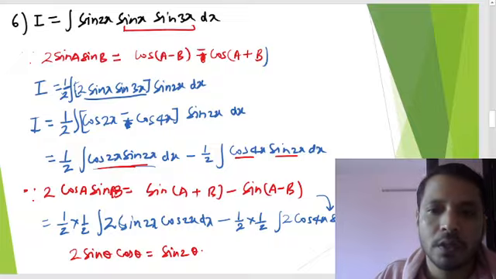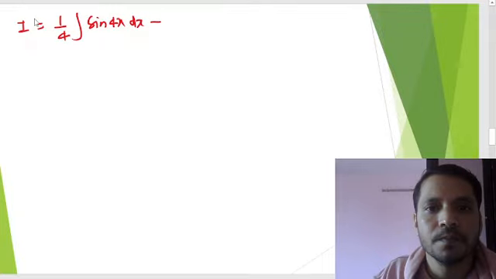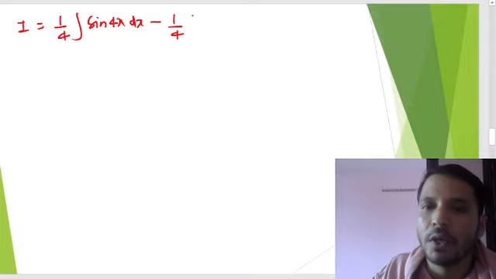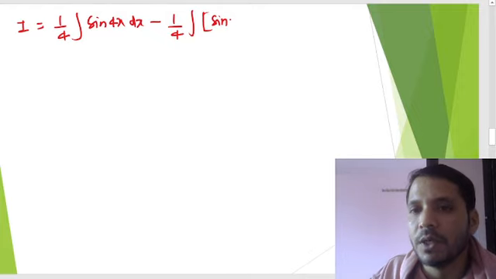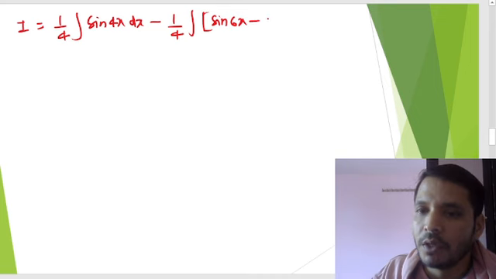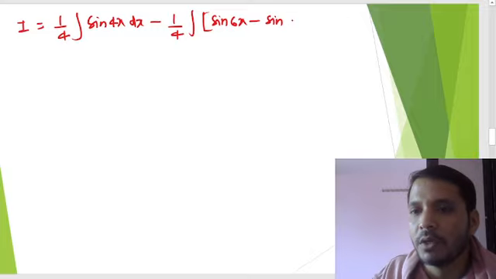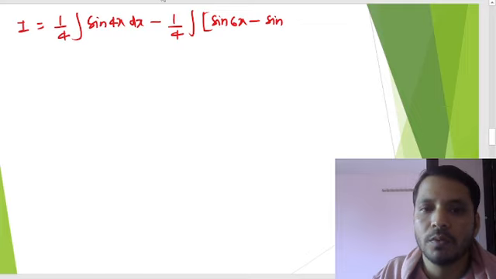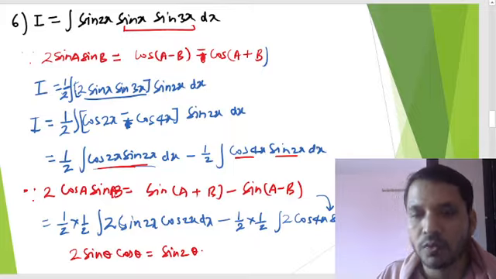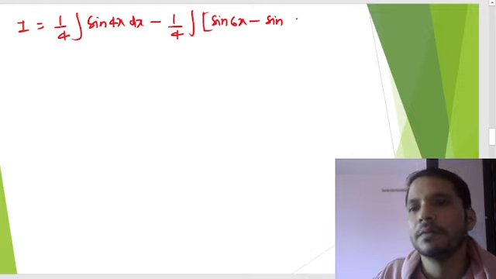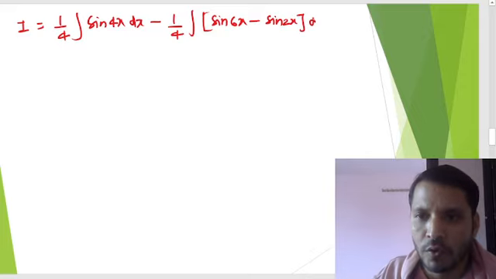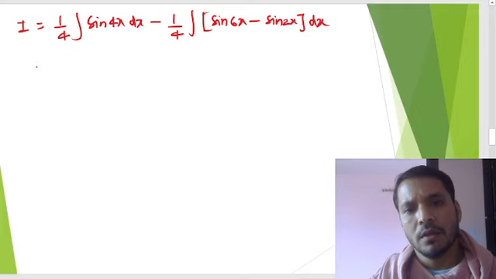So now next here it will become 1 by 4 integration of cos and sine is there, so it will become the sine of (a plus b), that means 6x, and this sign is minus, and then sine of (a minus b), that means it is 4 minus 2, so it will become 2x, right? Now here into dx.